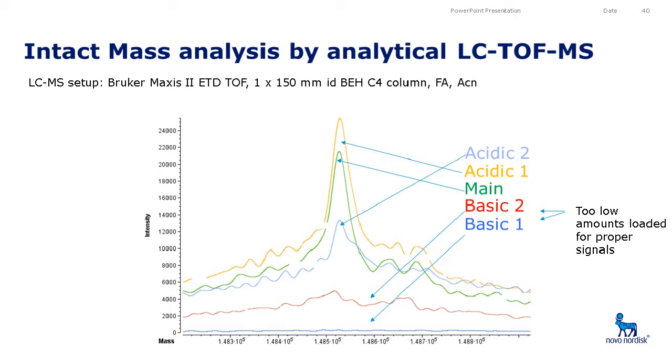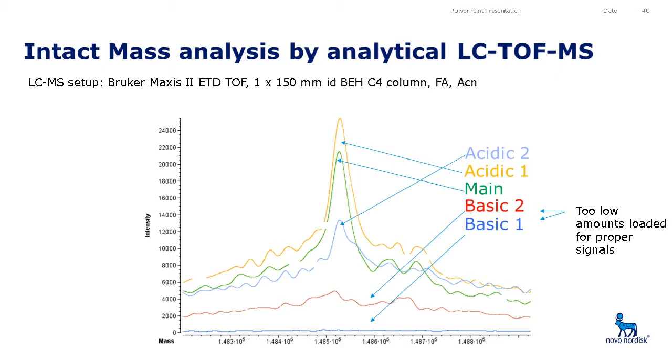But here you clearly can see the main peak. For acidic 1, acidic 2, basic 1 and basic 2, we got too little signal, but for the other ones, very nice signal is obtained, and you don't need a nanosystem in order to obtain data of your samples.